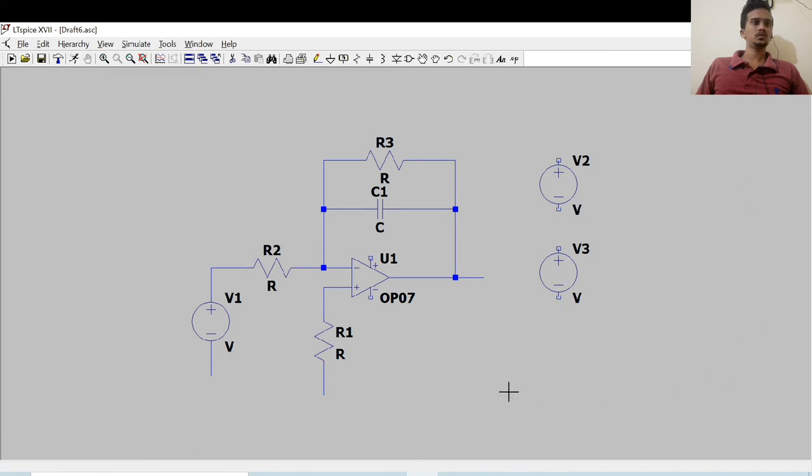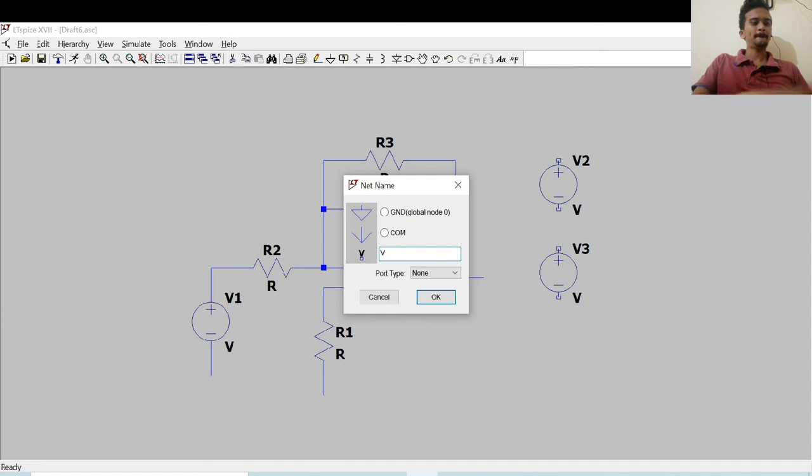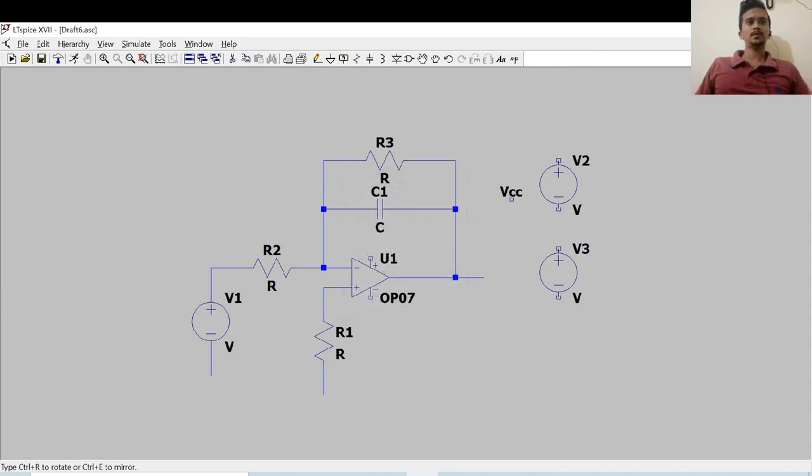Okay, now we'll give a label VCC, which is a positive supply.